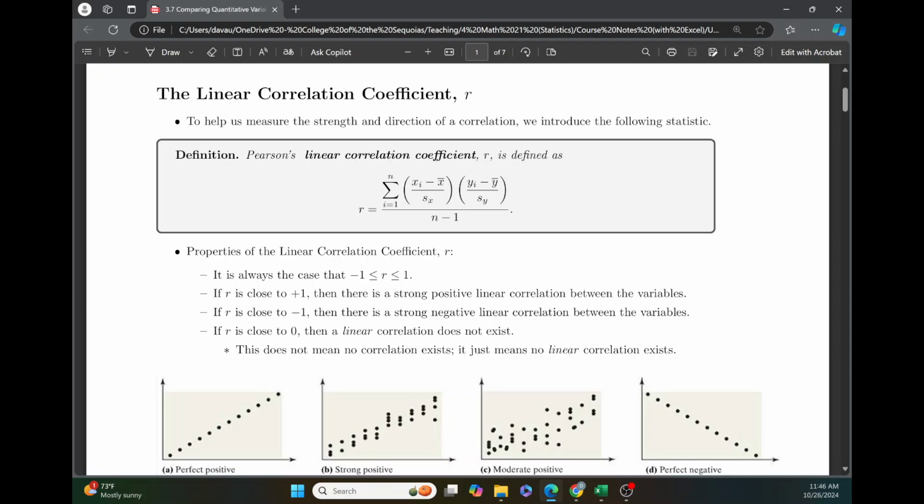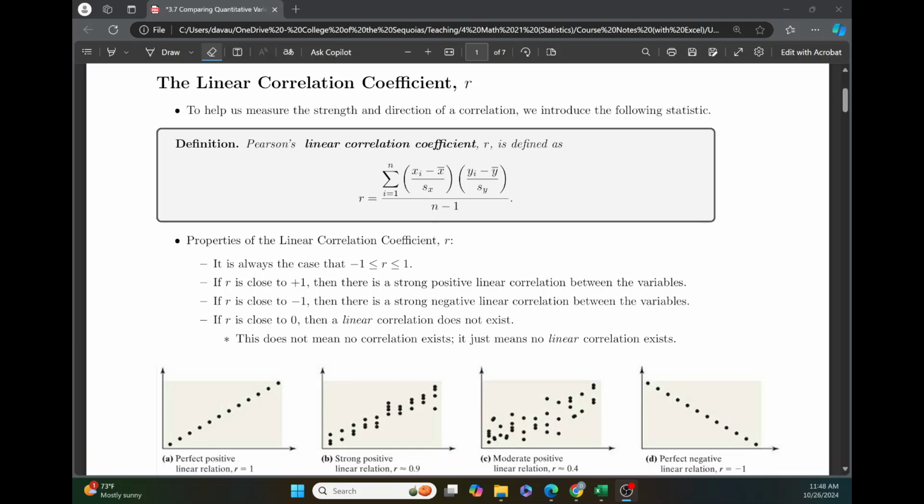So just to comment on this calculation a little bit, we're going to be comparing one numerical variable, which we'll call our x coordinates, to another numerical variable, which we'll call our y coordinates. And what we're doing here is computing basically a z-score for our x coordinates and then a z-score for our y coordinates. In order to do that, we first have to get the standard deviations and the means.